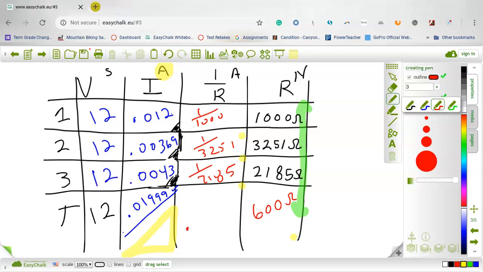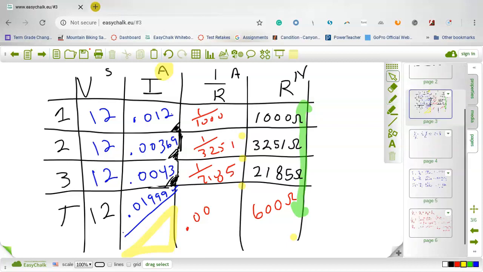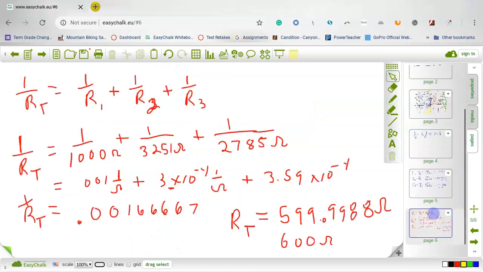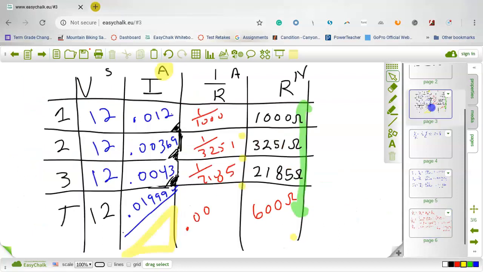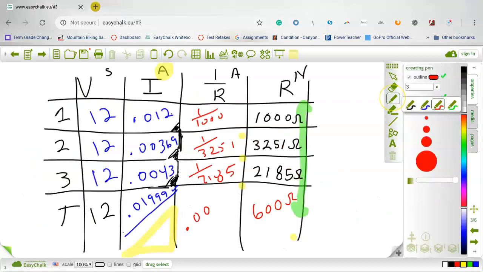And this was 0.0016667. Right? Okay, so now we can use our Ohm's law and figure out what the current is, because we have 12 volts and 600 ohms.